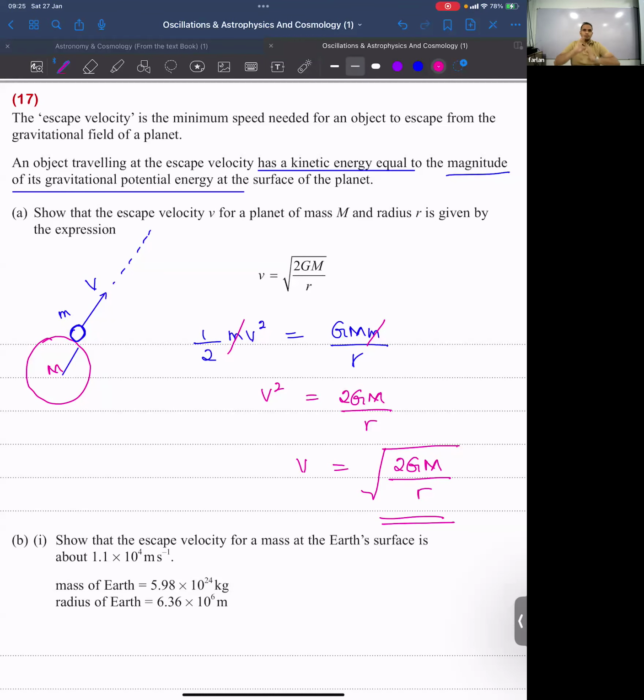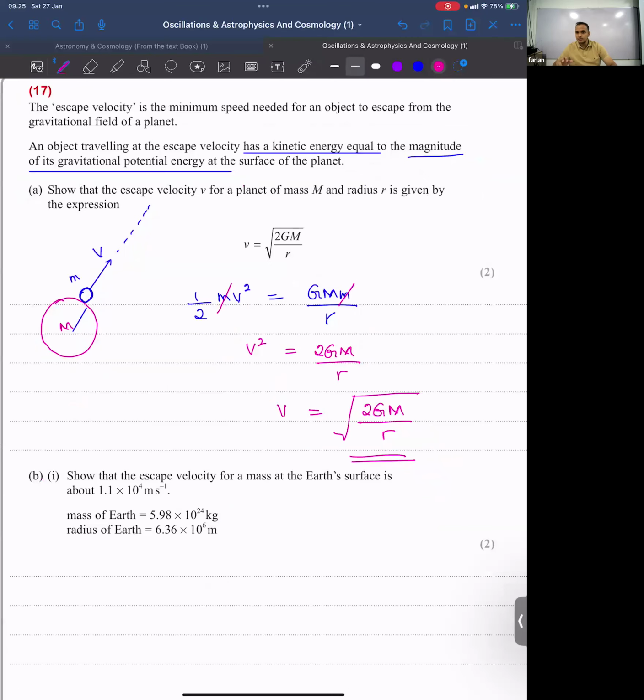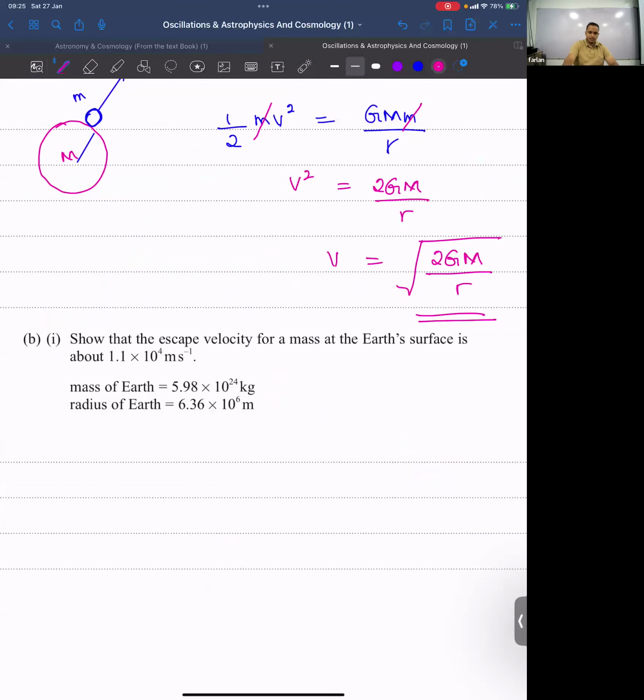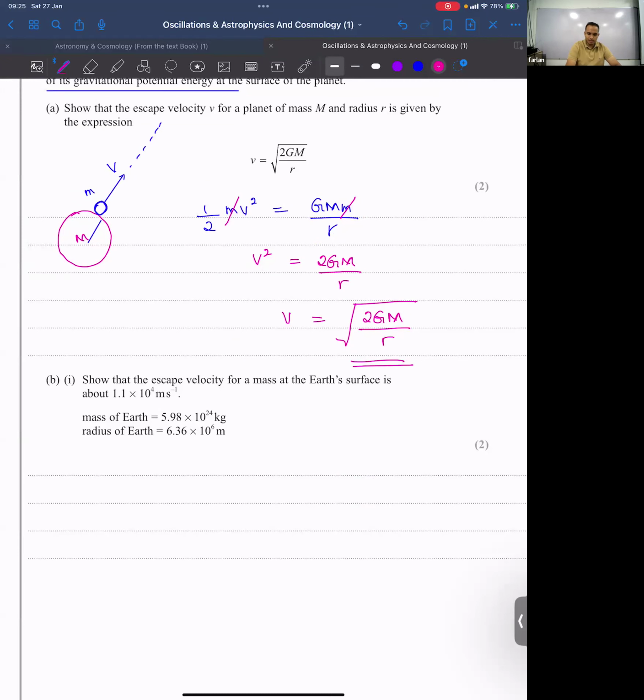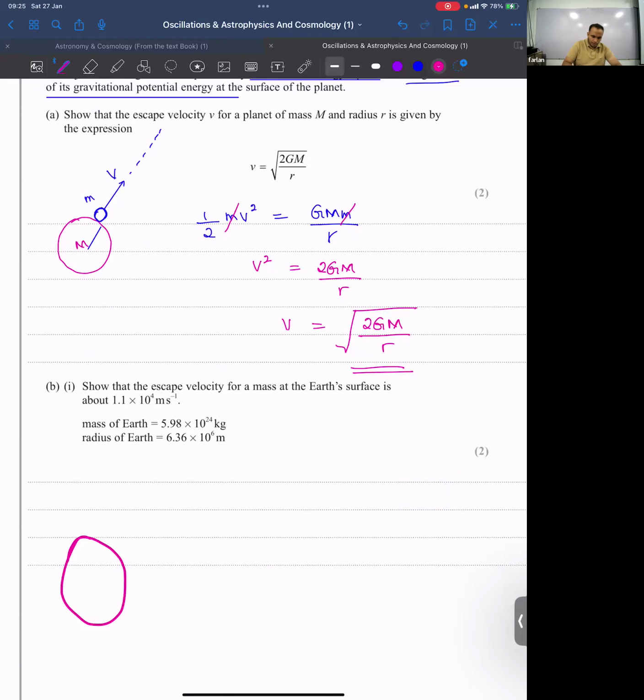There is a bit more physics involved in what they have told, which they haven't expected you to know. You really want me to explain it, okay? Not necessarily in the syllabus. What really happens here is the total potential energy and the kinetic energy at this point becomes equal to the total potential energy and the kinetic energy at infinity. So the total potential energy at the surface is minus GMm over R, plus kinetic energy, half mv squared.